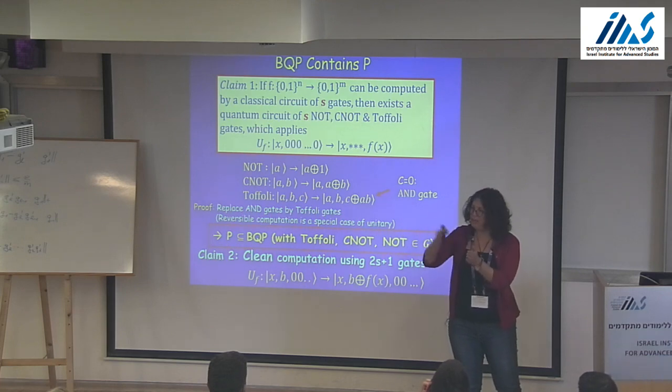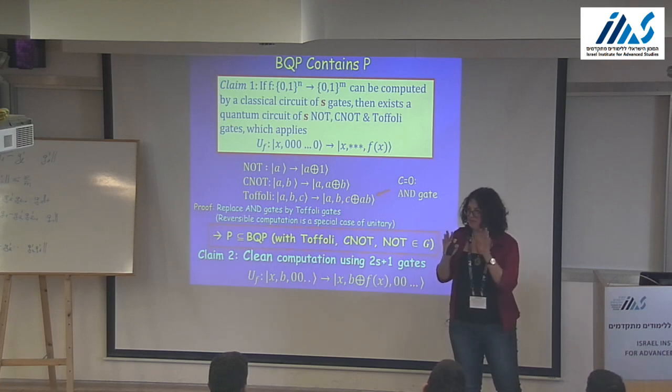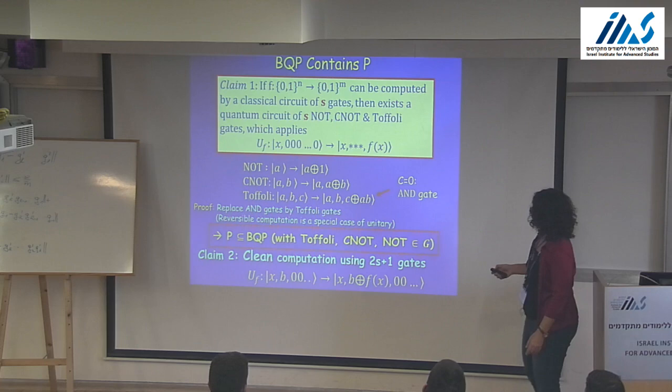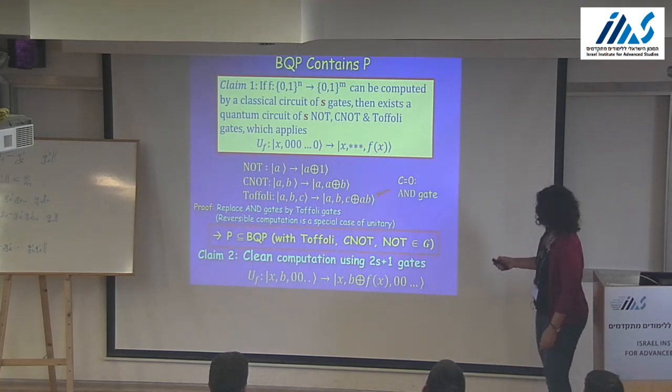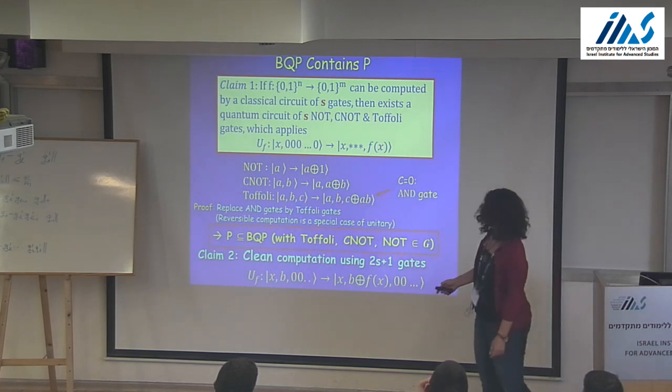When we copy a bit to the side, it actually has an effect, even though it's just copying. So garbage could actually destroy interference patterns. So if we want to make sure that our interference patterns are saved, we need to get rid of the garbage, and this is called clean computation, which says that this computation can be done without any garbage. And you'll see this in the exercise.